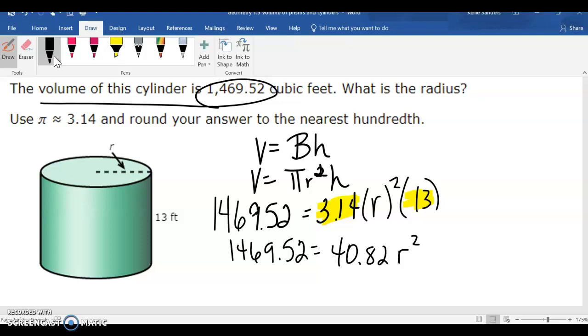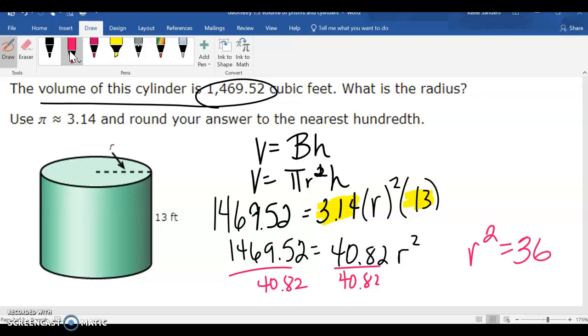The last thing we did was multiply by 40.82, so we are going to undo that. So 1469.52 divided by 40.82 equals 36. So r squared equals 36.